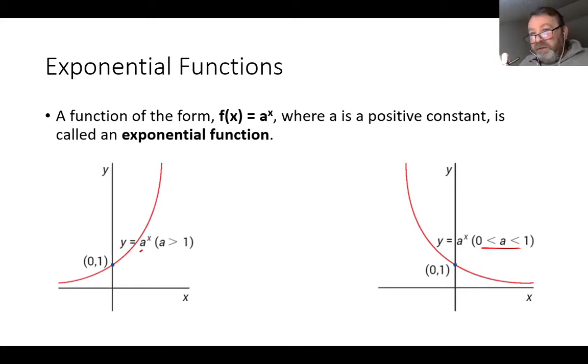Any value between those, which are basically all your fractions. If your base is a fraction, then you get what we would call here exponential growth downwards. So still growth, but it's growth downwards, negative growth. Okay, so this one here gives me positive growth, whereas this one here would give me what's called decay, which is negative growth.